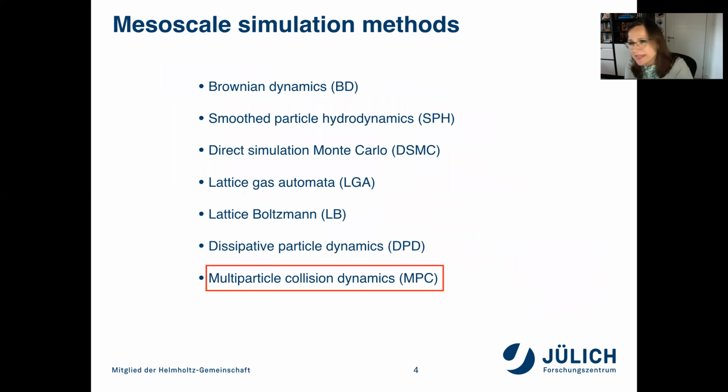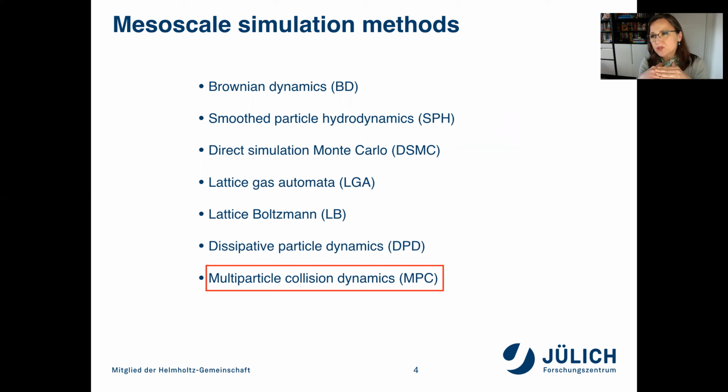And there have been many of these models developed in the last decades. Here you have a list of the ones I like that are more relevant: Brownian dynamics, smooth particle hydrodynamics, direct simulation Monte Carlo, lattice gas automata that evolves into lattice Boltzmann, which I think you will see next week, dissipative particle dynamics, and finally the one that appeared last, but already 2 decades ago, called multi-particle collision dynamics.